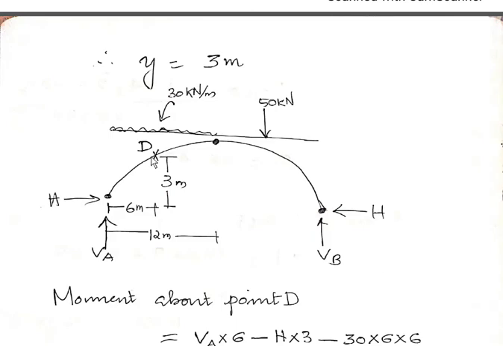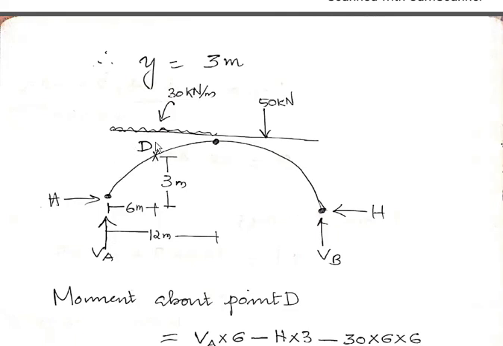So at this point D, what is the shear force at D? The shear force at D is nothing but VA in the positive direction minus 30 into 6. Sum of all the forces up to the section is what we call shear force. So the shear force at D is equal to VA minus 30 into 6.